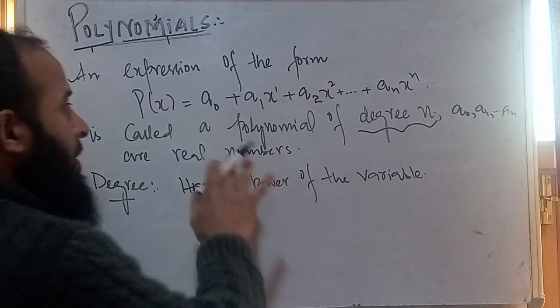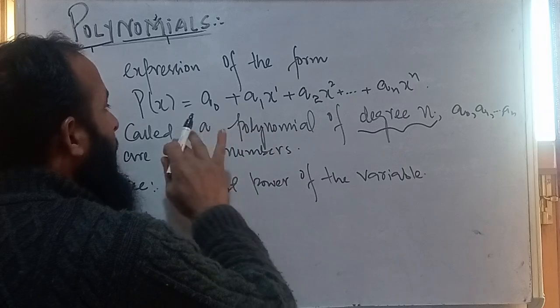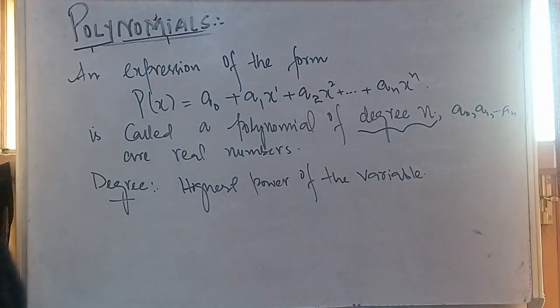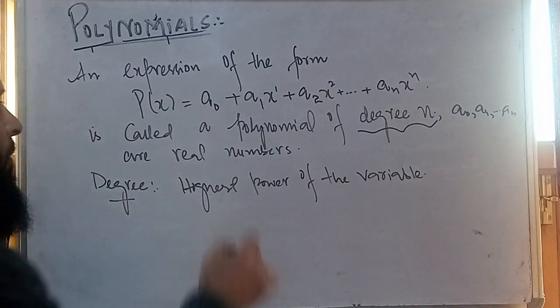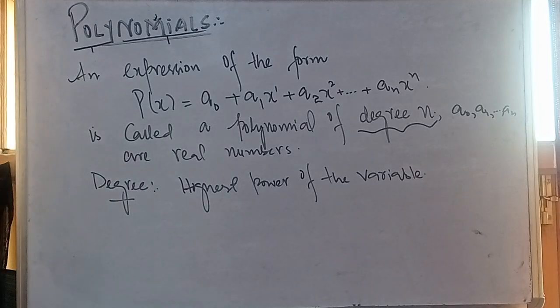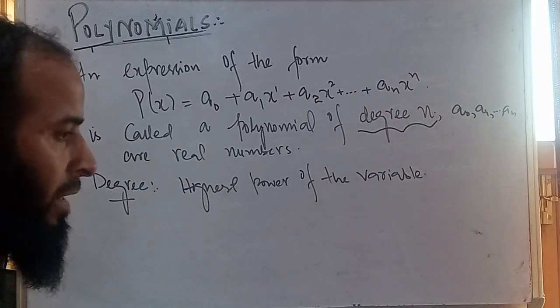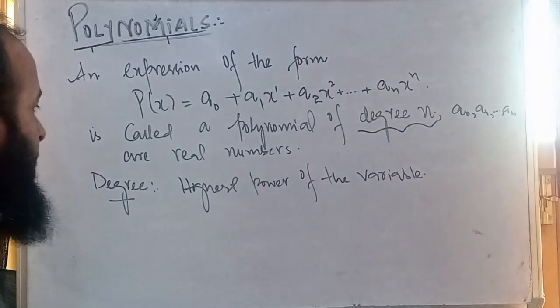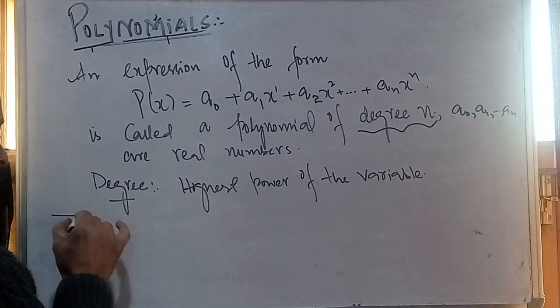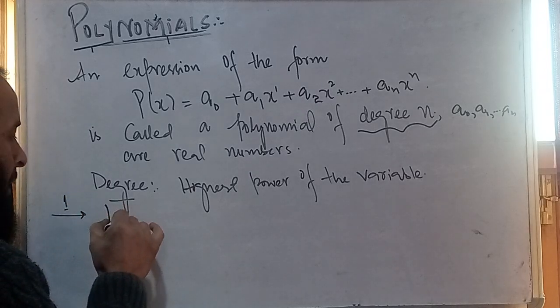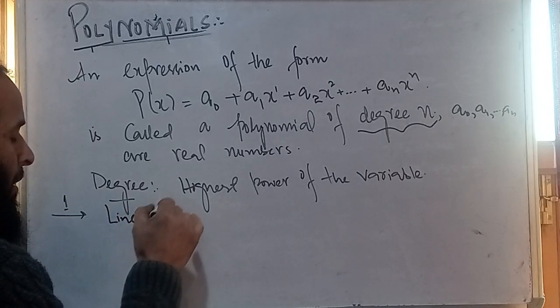That is why it is known as the polynomial of degree n. Now, depending upon the degree, a polynomial has been classified, number 1, as a linear polynomial.